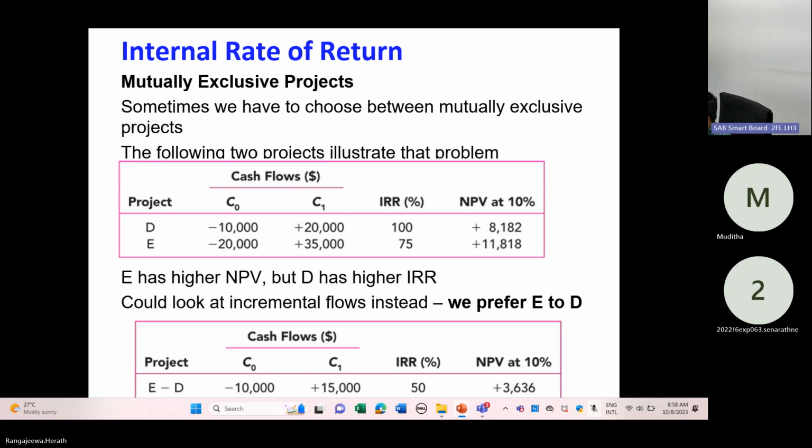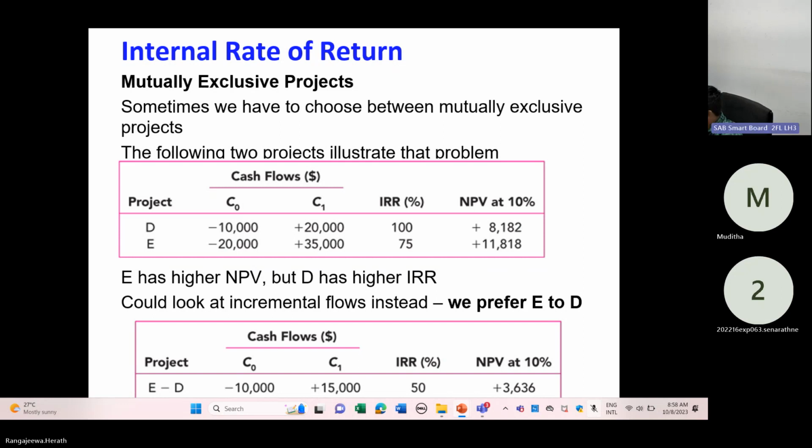We are planning to install a new manufacturing plant in the business. There are two types of manufacturing plant, plant A and plant B. But within our factory, you can install either plant A or plant B. When you evaluate to take the decision, plant A gives a positive NPV, and plant B also gives a positive NPV. Plant A's IRR is greater than the expected rate of return, and plant B's too.